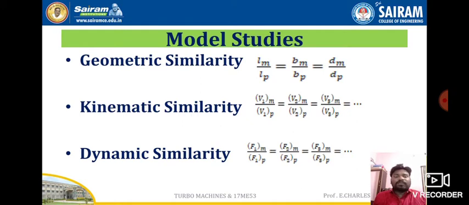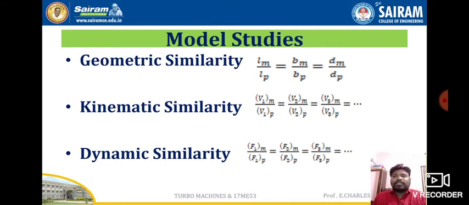The model is a small scale replica of the actual machine, and the actual machine is called the prototype. If all these three are similar, then the main prototype and the replica will both be the same.